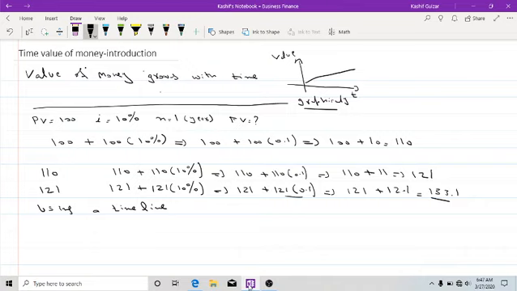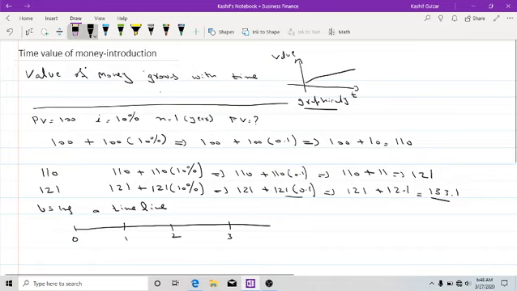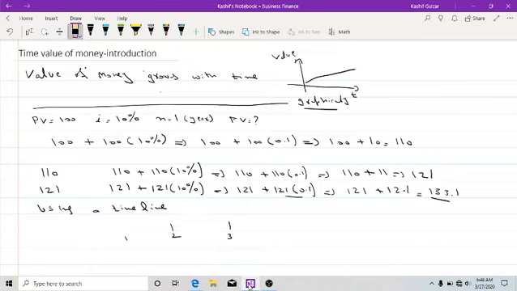A timeline is just a simple straight line with time starting at 0, today, now, then 1 year, 2 years, and 3 years. Let me make a bigger line to make things clear.